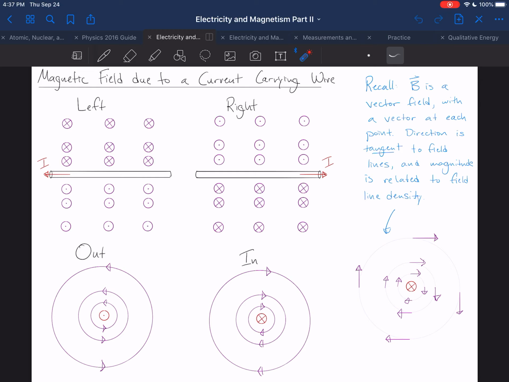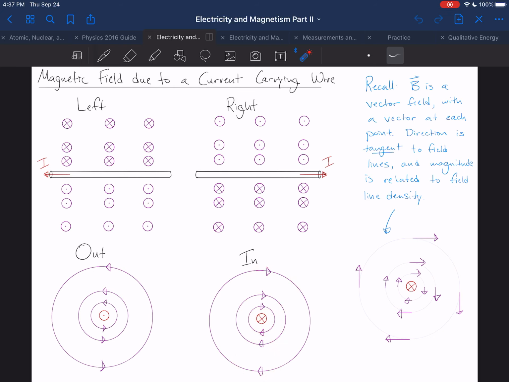If your thumb is pointed out at your face, then your fingers will curl in this direction as long as you are using your right hand. Those of you who are left-handed, I apologize. You will want to get used to using your right hand for this particular subunit. Same for in. So if you go in, notice it simply reverses the directions of the magnetic field lines.